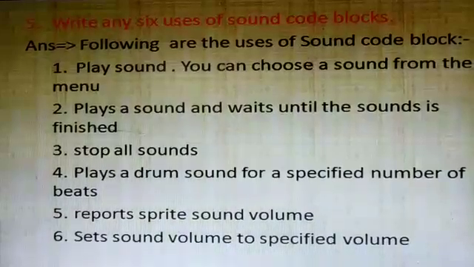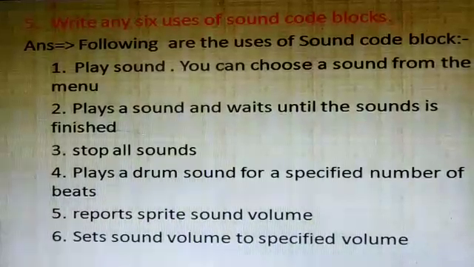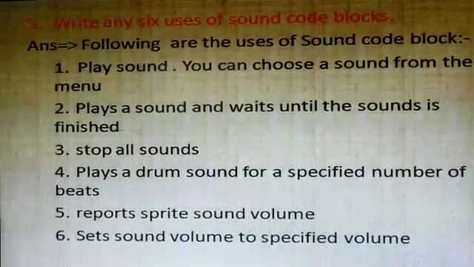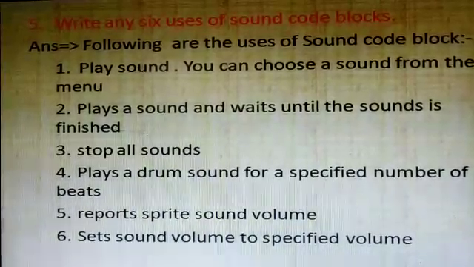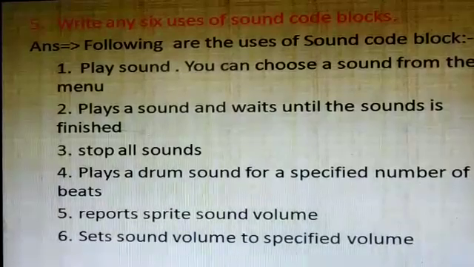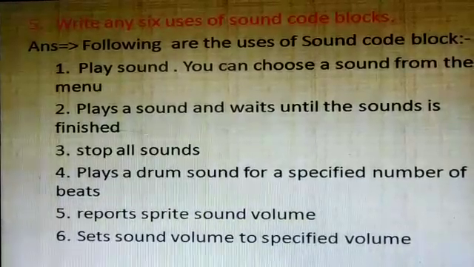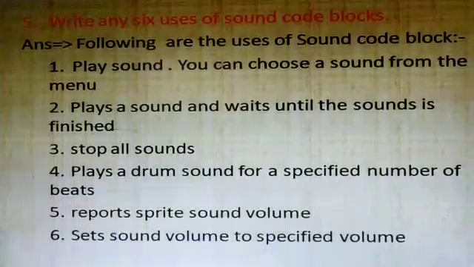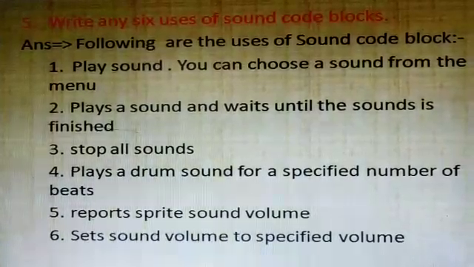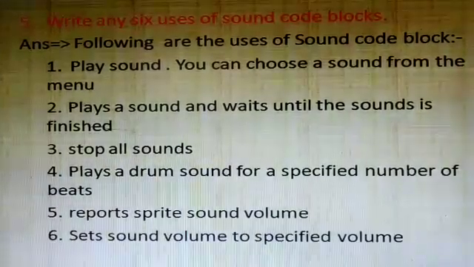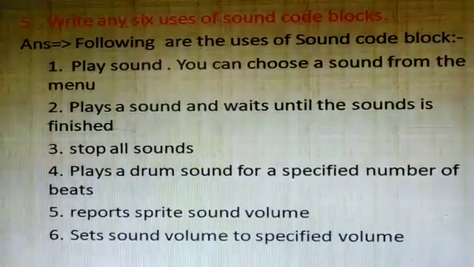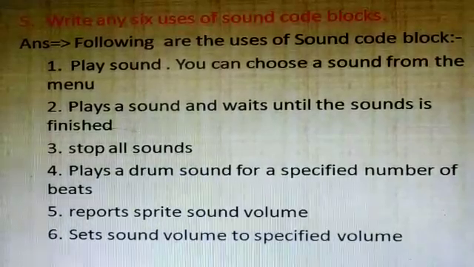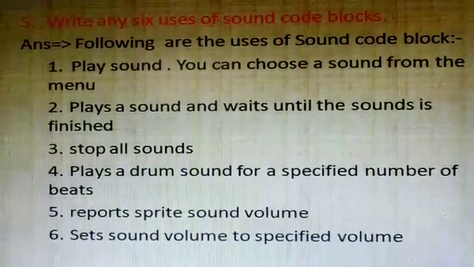Fourth, play a drum sound for a specific number of beats. Fifth, report sprite sound volume. And the sixth is, set sound volume to a specific volume. It means whichever type of sound you want, if you want any sound of any animal character, any drum beats, any music, whatever you want, you can use it with the sound block.